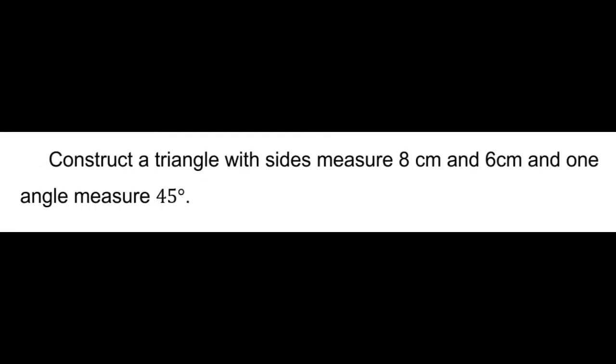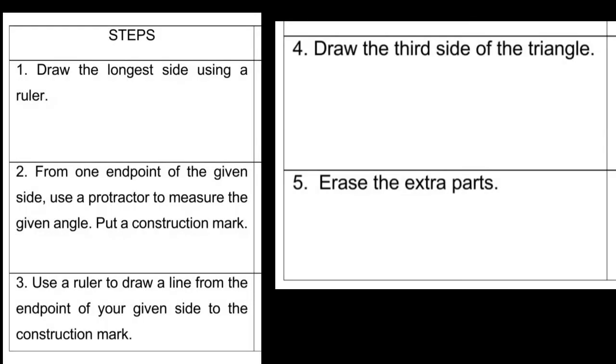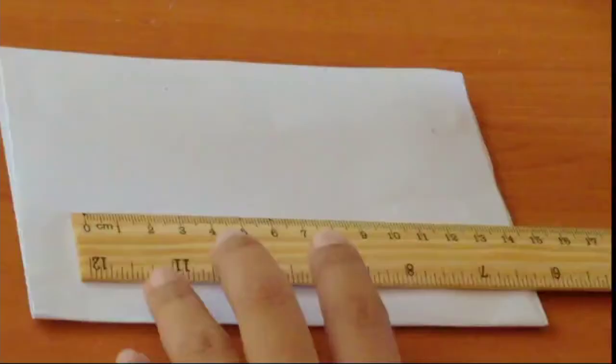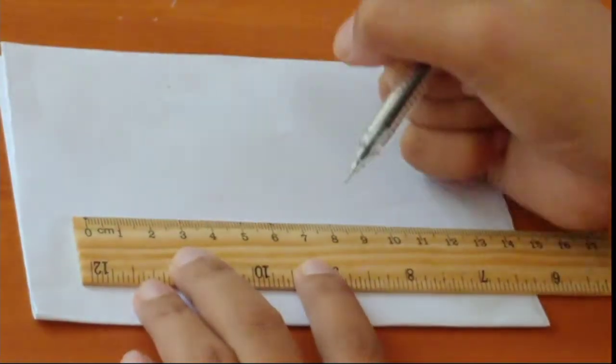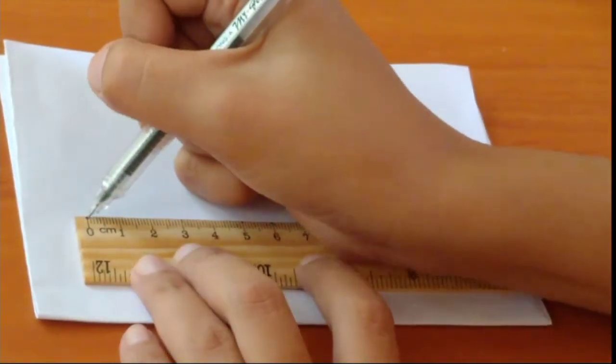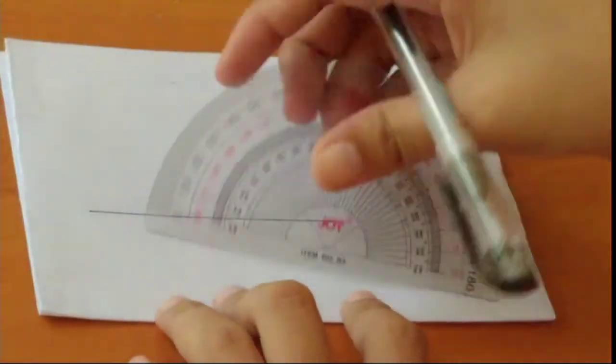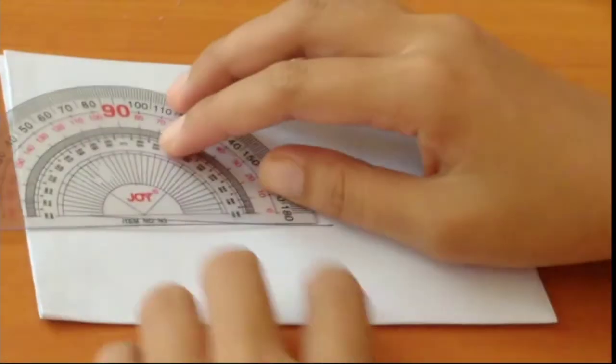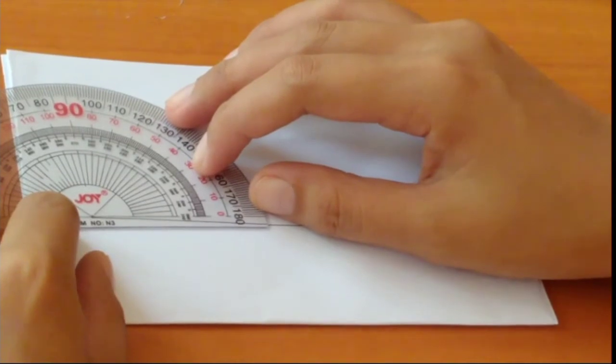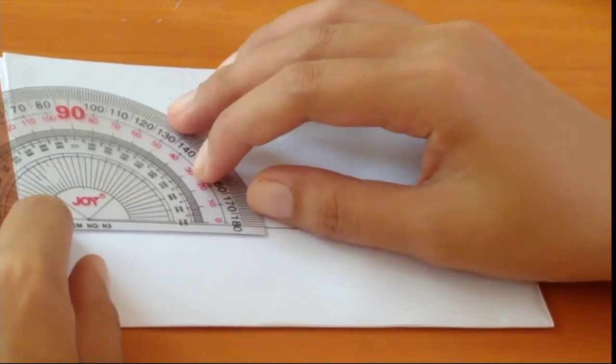Suppose we are going to construct a triangle with sides that measure 8 cm and 6 cm and one angle measures 45 degrees. Here are the steps. Step 1. Draw the longest side using a ruler. Step 2. From one endpoint of the given side, use a protractor to measure the given angle.